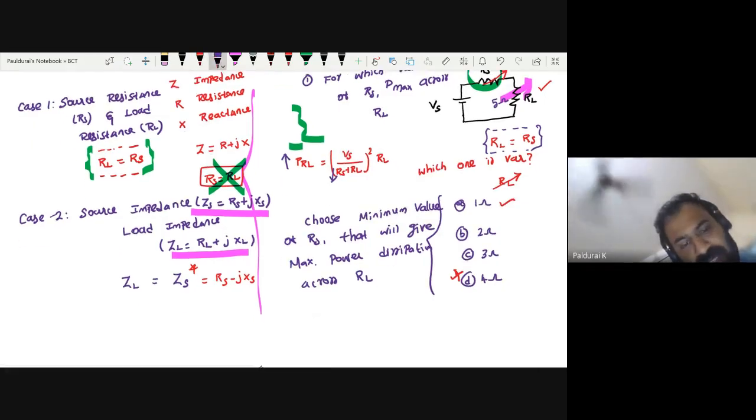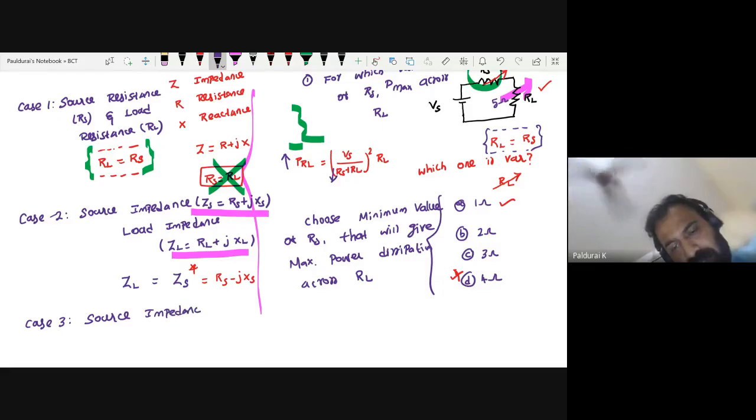And coming to case 3, what is my case 3? Any guess? This time source impedance, since it is an AC circuit, ZS, which is RS plus JXS, but load is resistance RL.